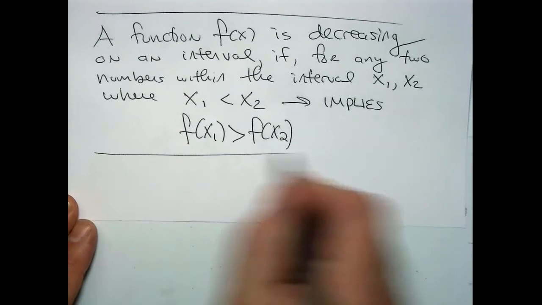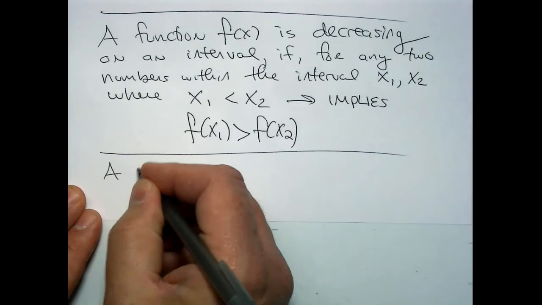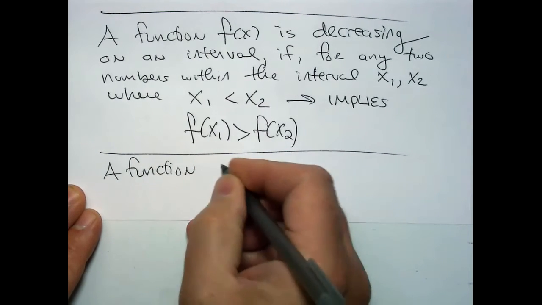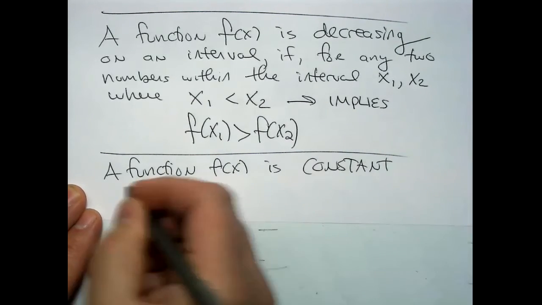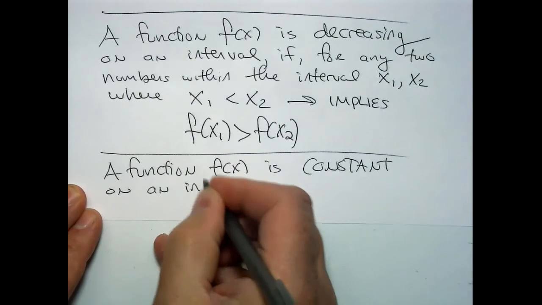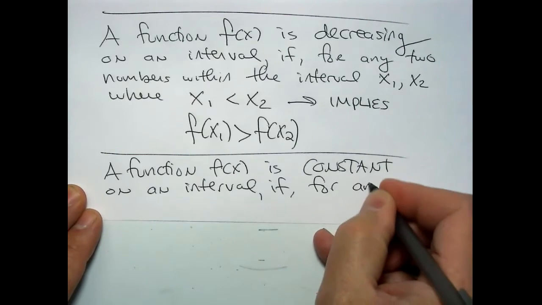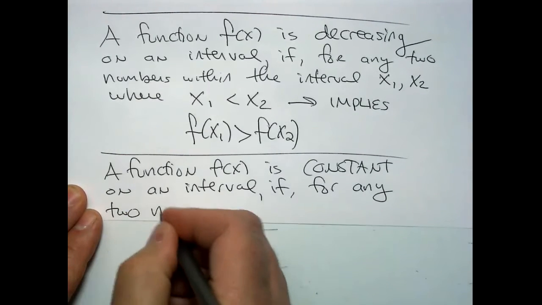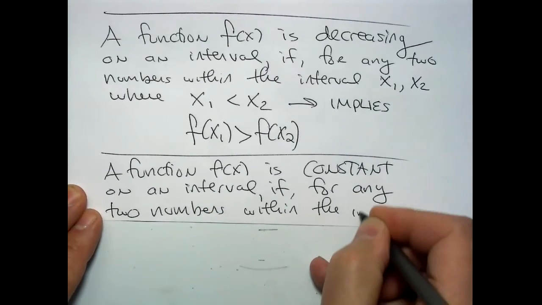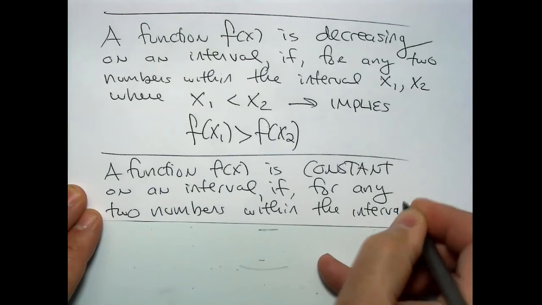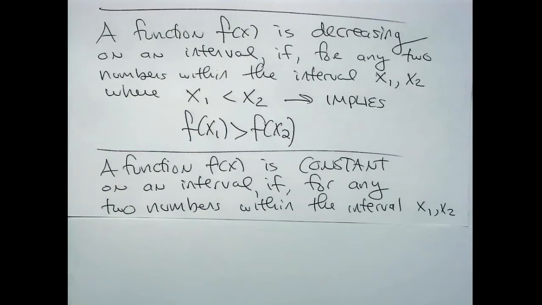And finally, one more definition here, and that is a function f of x is constant on an interval if, same thing, you can pick any two numbers within the interval, same two numbers, x1, x2, and why don't we make the same restriction here?